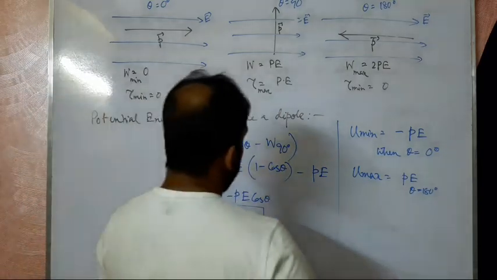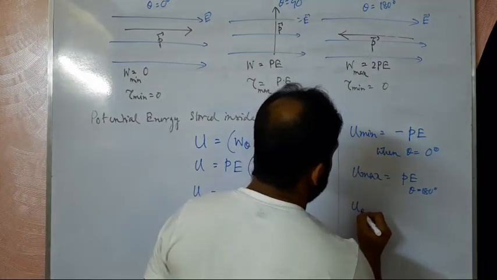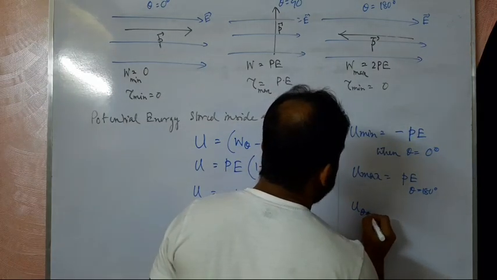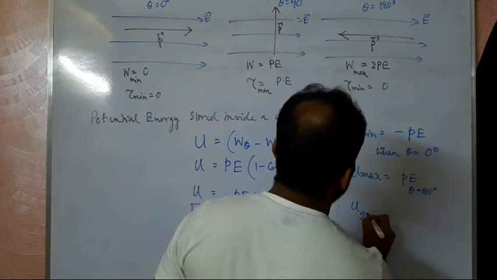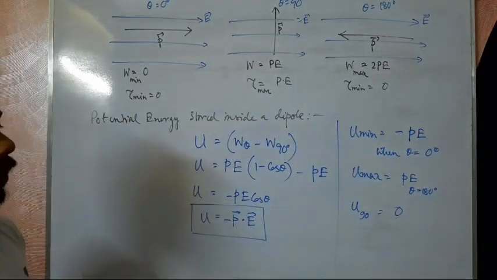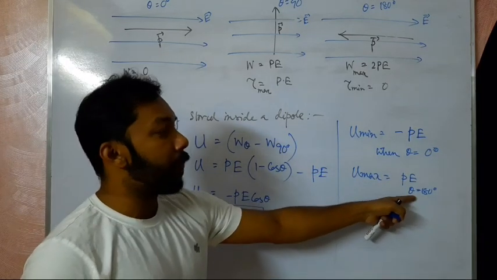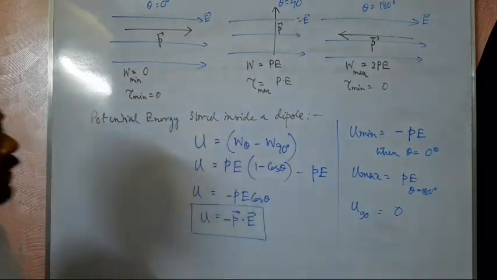And at theta equals 90 degree, it will be 0. Here 0 is not the minimum value, the minimum value is minus PE, and maximum value is plus PE, and 0 is an intermediate value.